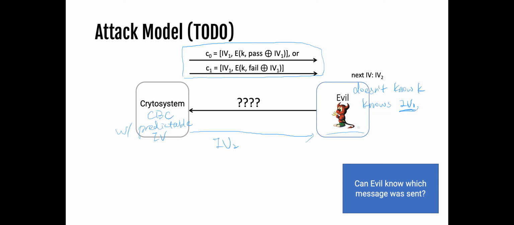Peter is saying, let's do decrypt of K and C2, XOR C1, but you don't know K. I suppose that what you mean is that what Eva is going to construct is the plain text XOR the C1, but you don't know the plain text of the previous one, because you don't know the key. So if you don't know K, the key, then how are you going to get the decrypt of K and C2?